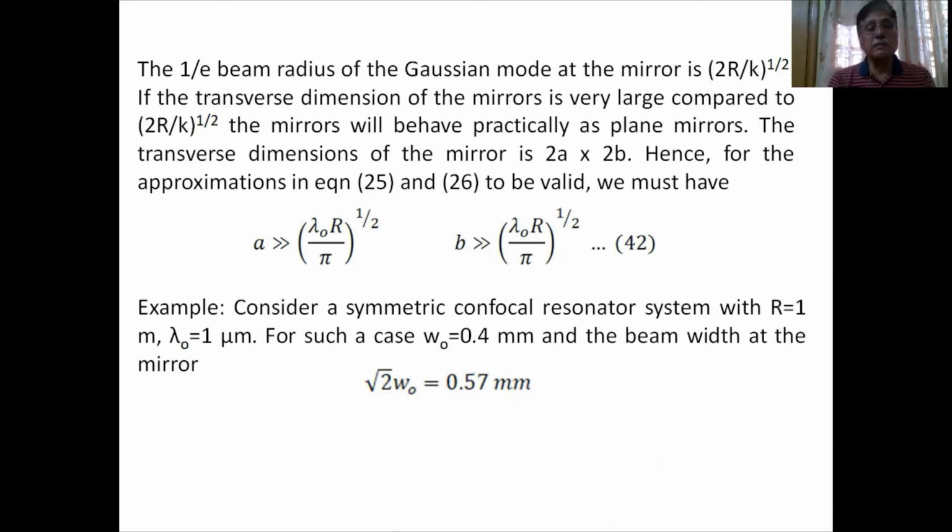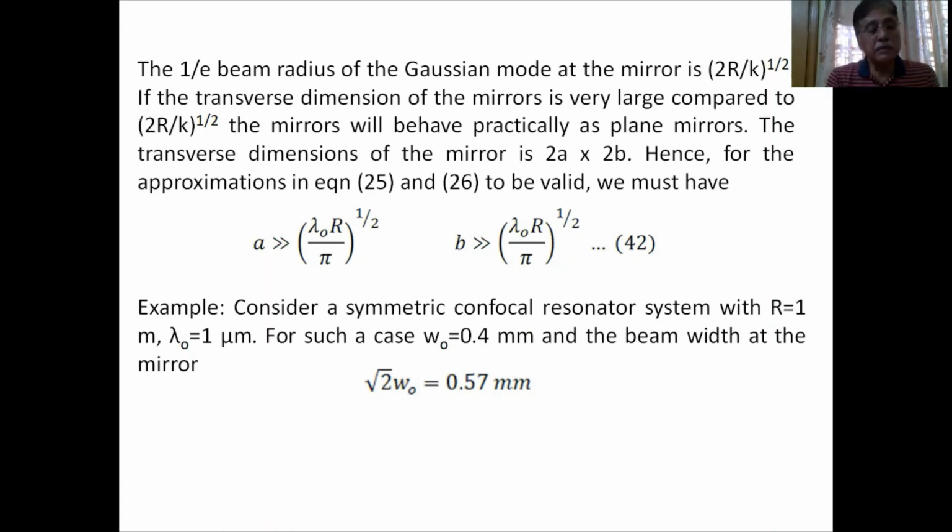If the transverse dimension of the mirror is very large compared to this, the mirrors will behave practically as plane mirrors. The transverse dimensions of the mirror are 2a by 2b. Hence, for the approximations in equations 25 and 26 to be valid, a must be very much greater than (lambda naught R/pi) to the power half, and b must be very much greater than (lambda naught R/pi) to the power half.